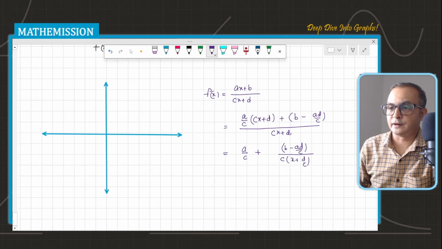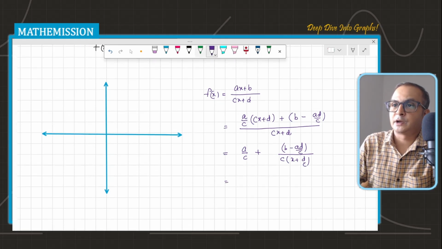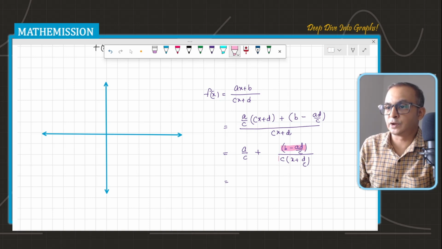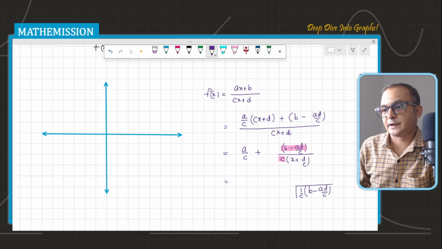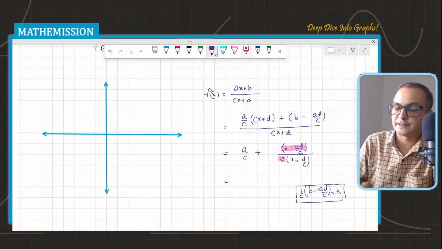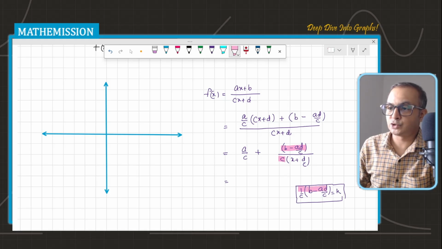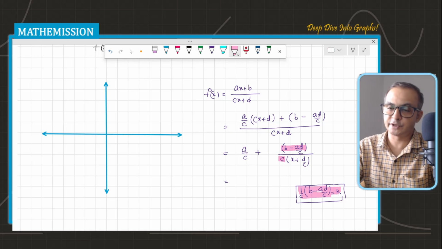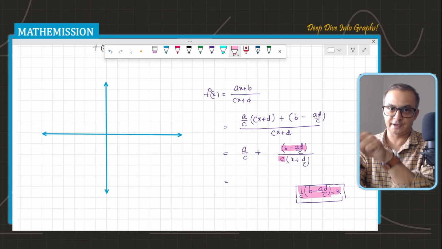Now what I'm doing there is I'm considering this whole thing together, that is b minus ad by c, divided by c, I'm taking as one constant k, because in the previous example you notice that it is not going to affect our whole transformation process because the graph is not pinned on the x-axis.